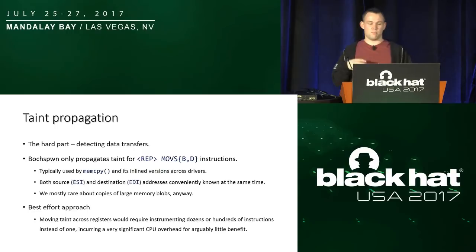It's used both in the memcpy implementation of various C libraries, and it's also used as an inline version of the memcpy function. And the good thing about handling this specific instruction is that we know the source and destination addresses at the same time. So we know how many bytes are copied from which address location to which one. So we can analyze this very easily.